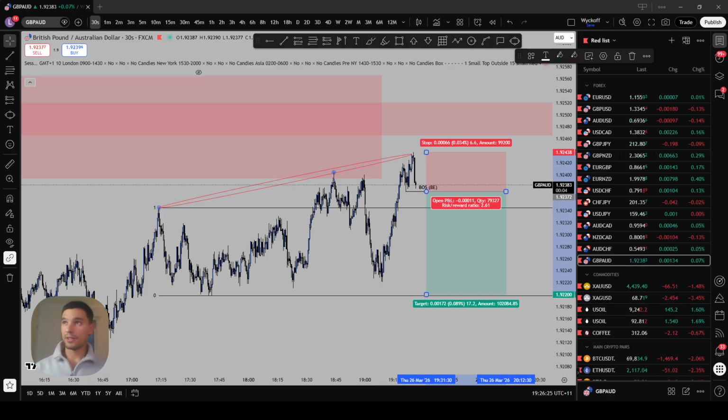I will look to enter here. Conditions are looking okay. Good aggressive break there.